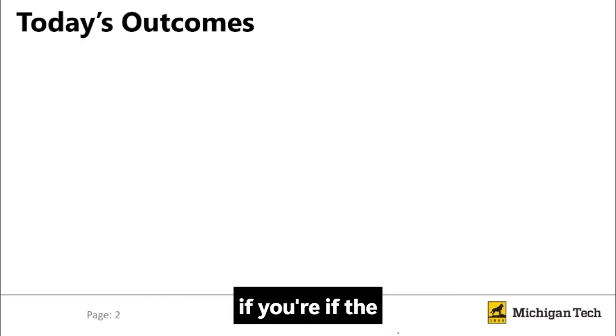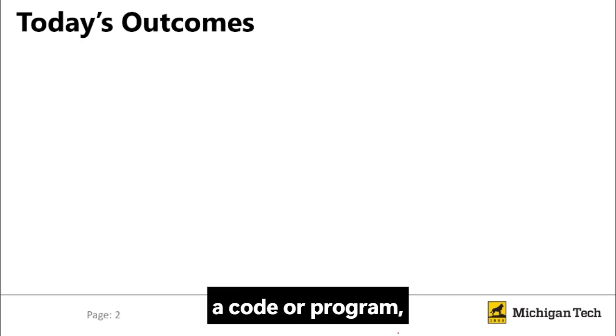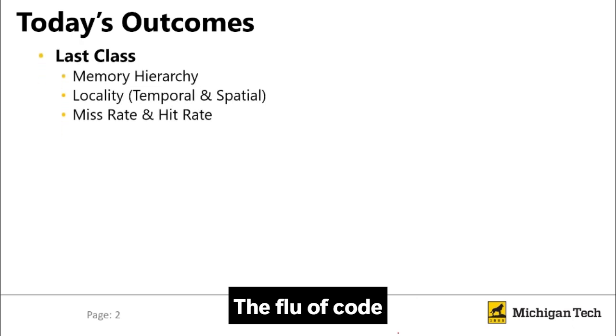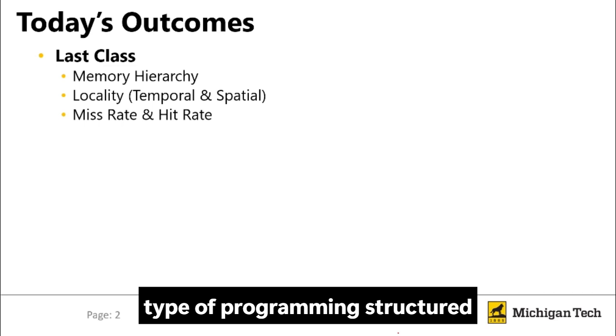If the programmer writes a structured code or program, meaning it's modular, it doesn't use goto a lot, and uses iteration or loops or selections, and writes the code so that the flow of code is predictable, we call that type of programming structured programming.